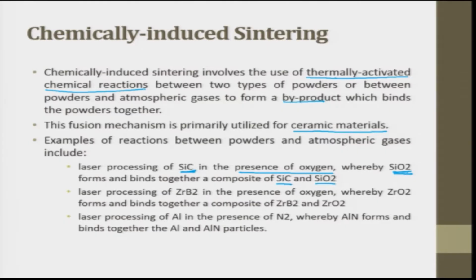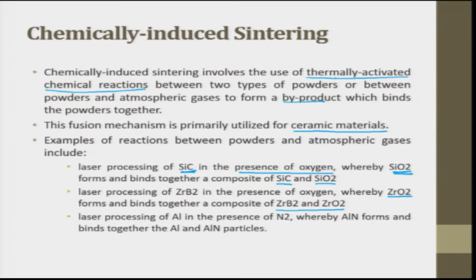The laser processing of zirconium boride in the presence of oxygen forms zirconium oxide and binds together a composite of ZrB2 and ZrO2. This oxide reacts, and this ZrO2 acts as a binder.